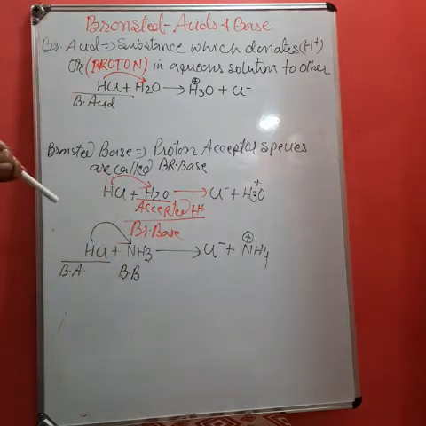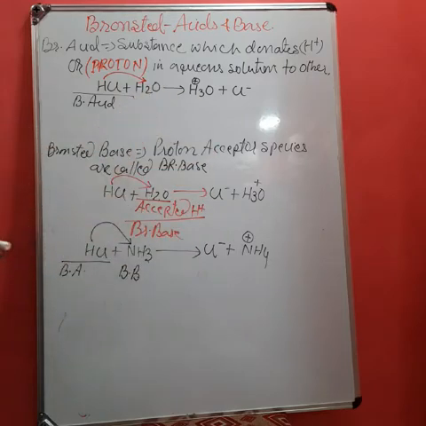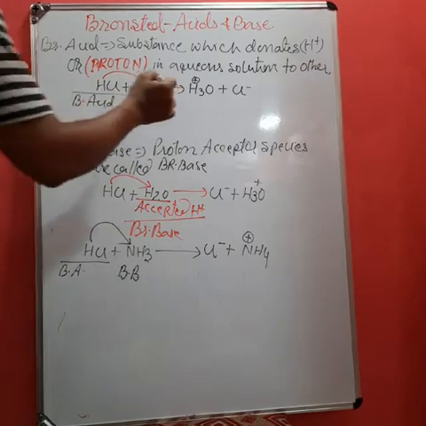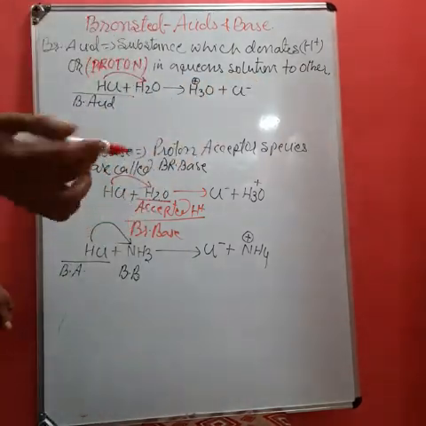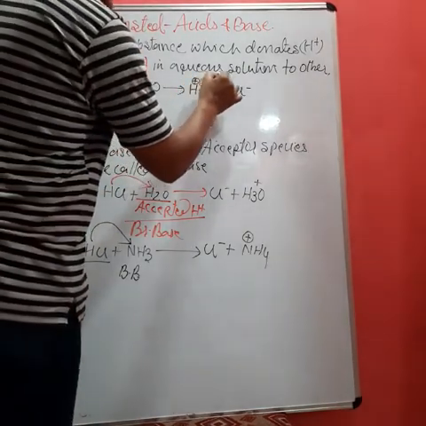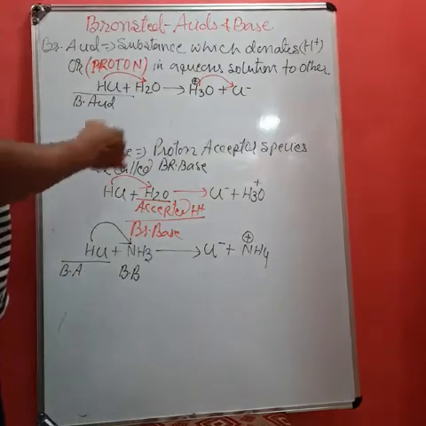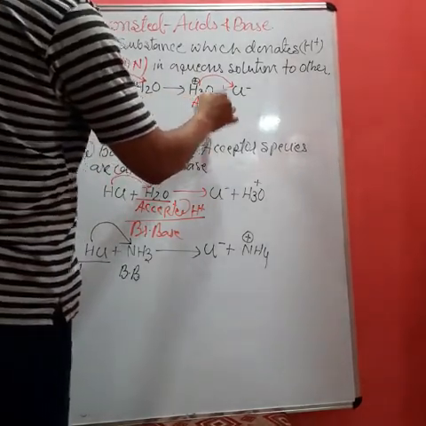But can you consider the reverse reaction? Here again the cation and anion are present, meaning highly reactive species. So if NH4 cation loses its proton, that is a proton donor, so it will be considered an acid.